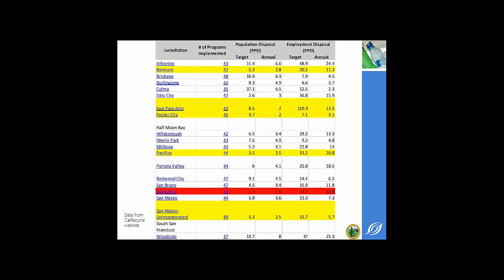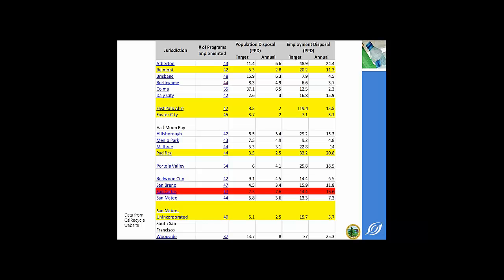That was based on original baseline data where the state looked at what was being generated in those communities and identified targets, rather than an even 50% for everybody. But you can see that even though the targets might have been high, if you look under the annual column, you can see what the cities are actually doing in pounds per person per day.